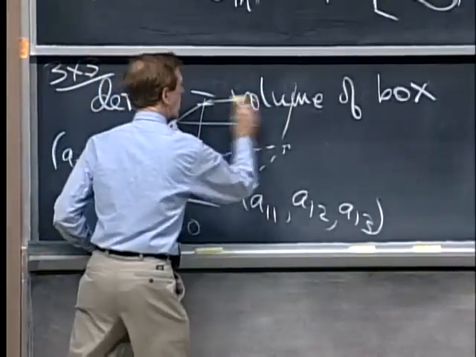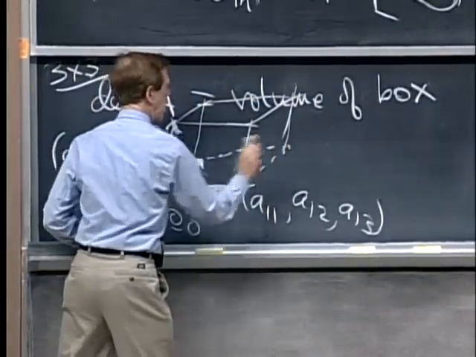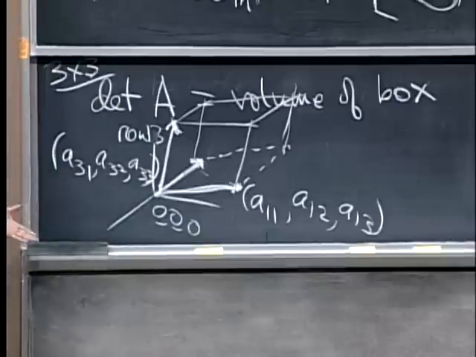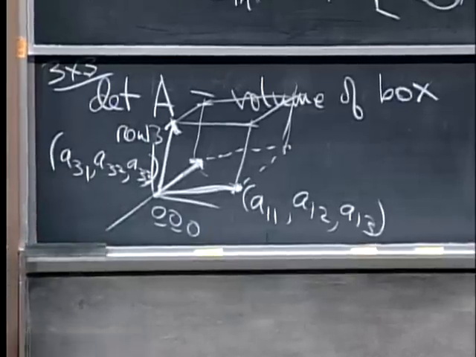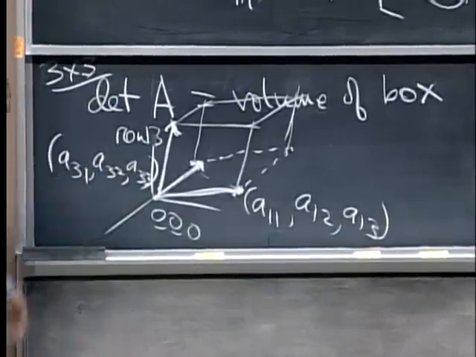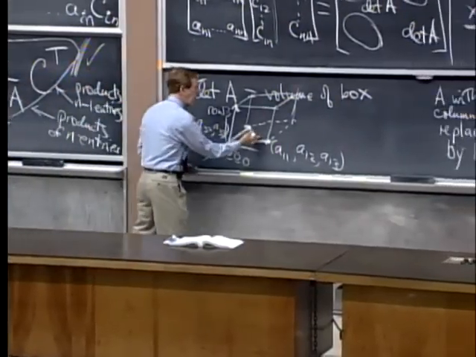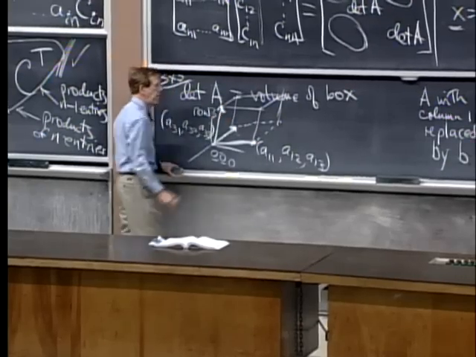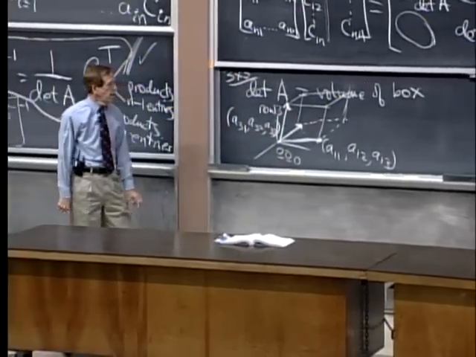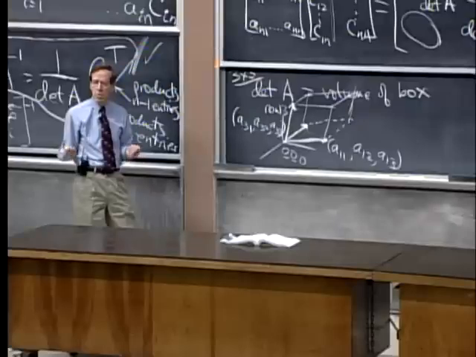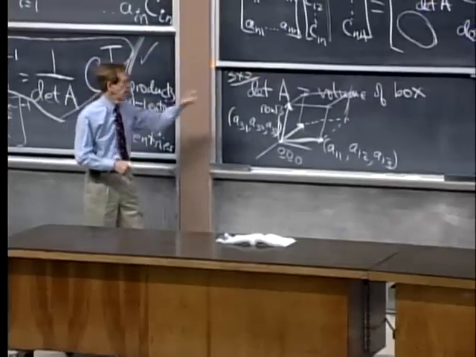There's the top of the box. Right? It's the box that has these 3 edges, and then it's completed so that each side is a parallelogram, and it's that box whose volume is given by the determinant.